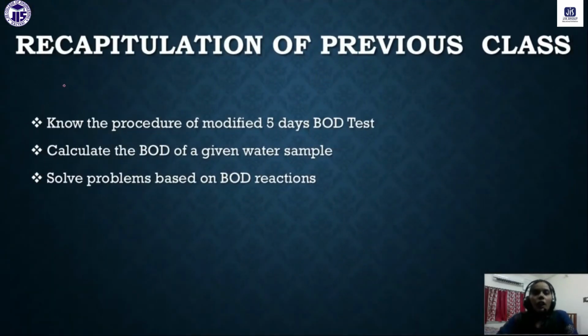Now this is the recapitulation of previous classes, whatever we have discussed so far. In our previous class, we discussed the hydrosphere, the hydrological cycle, and the water quality parameters, which are of two types: physical parameters and chemical parameters. In chemical parameters, one important parameter is the BOD of the water sample.